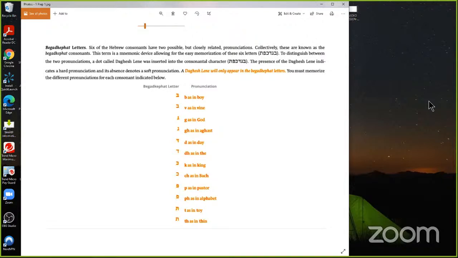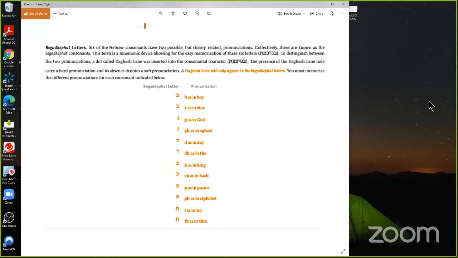So you see there's a slight difference. With it, it's a hard K as in king. Soft is kh, right? Bach or lach, stuff like that. Then of course the pe with the dagesh is a P, without it's an F sound, right? Then of course the tav with the dagesh, you see it's a T, without it is a TH as in thin, right?